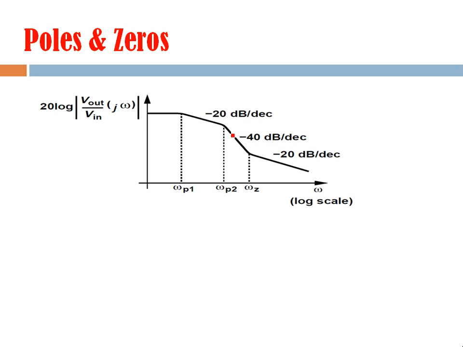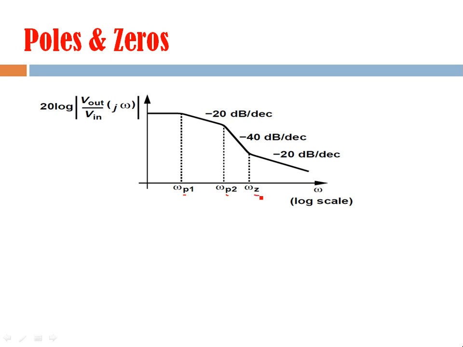So these are the corner frequencies at which we see certain changes in the behavior of the frequency response. But some frequencies are mentioned like this one and this one, right? These two are called pole frequencies, because you see here the subscript P, and this frequency is known as the zero frequency.